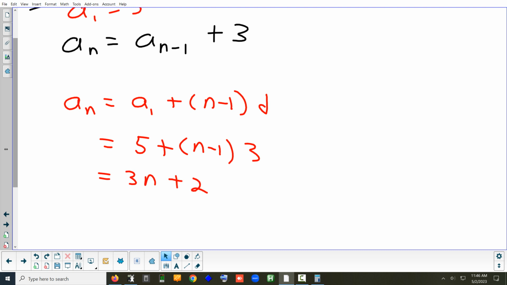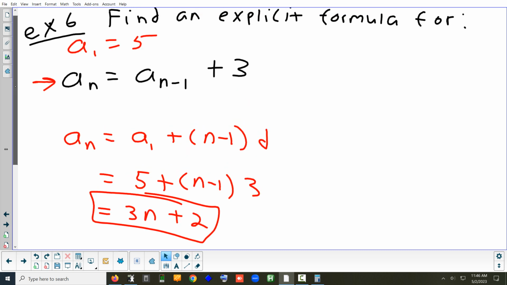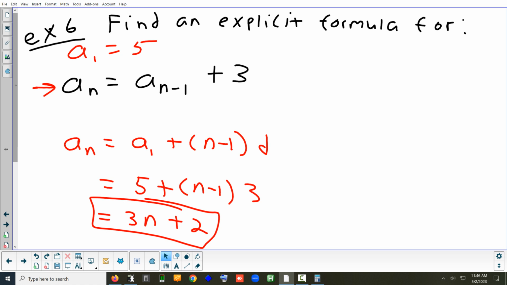And if you want to check the pattern, you could write out the first few terms based on that formula, and then see if it matches. So you'd have 5, 8, 11, 14. Check the third one and see what you get. What's 3 times 3? 9. Plus 2? 11. So does that prove the formula?